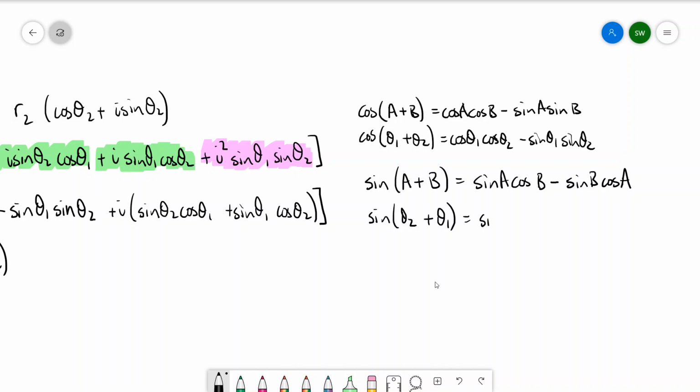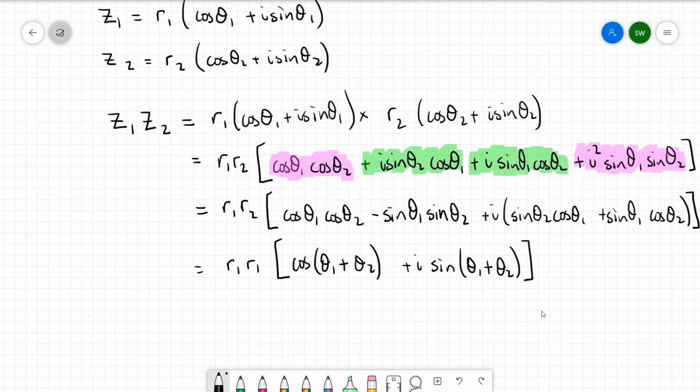So we've got sine of theta 2 cos of theta 1, that's that part there. And sorry, this should be a plus: plus sine of theta 1 cos of theta 2. Okay, so that's good. We can replace this bracket here with sine of theta 1 plus theta 2.